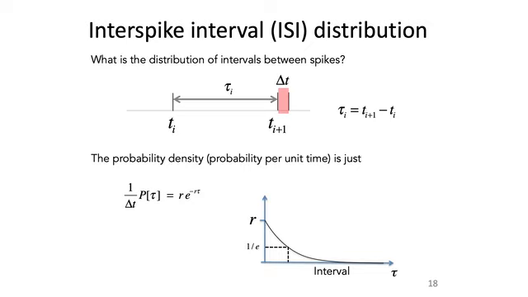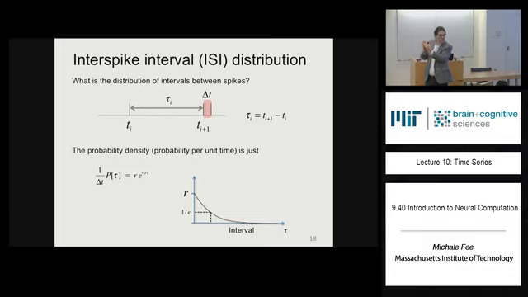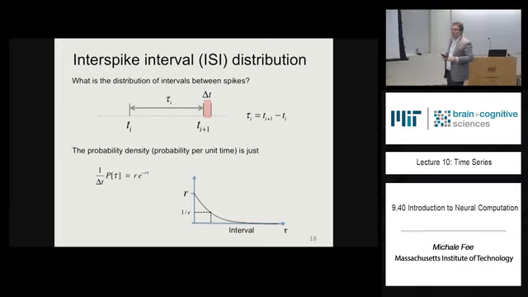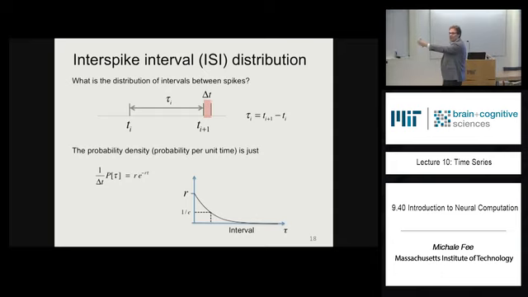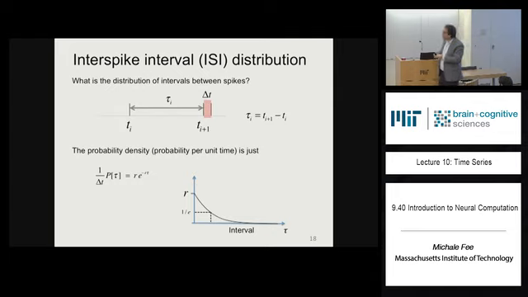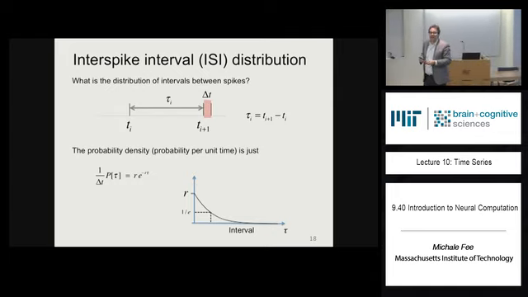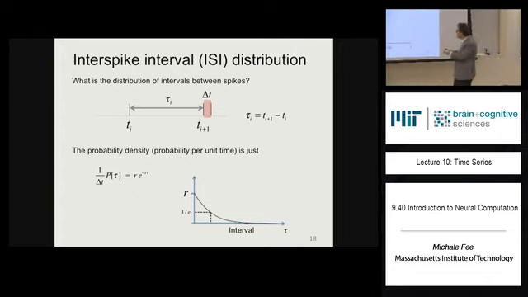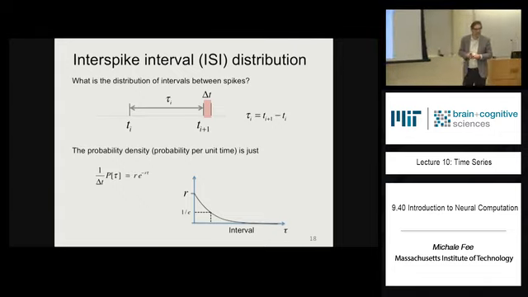You can see that the highest probability is having very short intervals, and you have exponentially lower probabilities of having longer and longer intervals. Does that make sense? It turns out that's actually a lot like what interspike intervals of real neurons look like. They very often have this exponential tail.